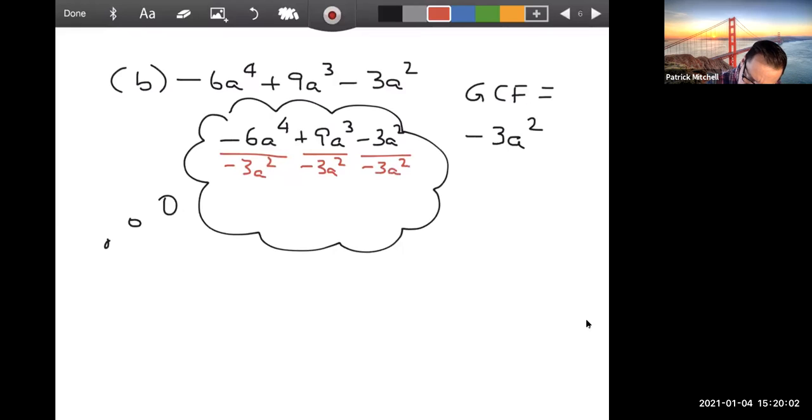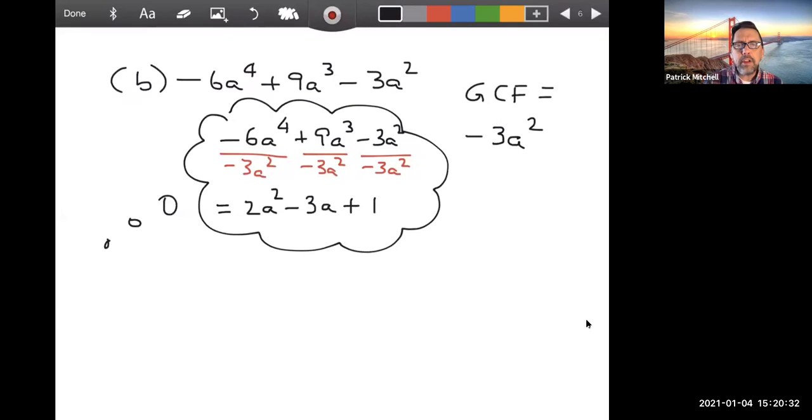All right, so how about it? Negative 6 divided by negative 3 is 2. A to the 4th divided by a squared is a squared. 9 divided by negative 3 is negative 3. A to the 3rd divided by a squared is a. And then negative 3a squared divided by negative 3a squared is plus 1.